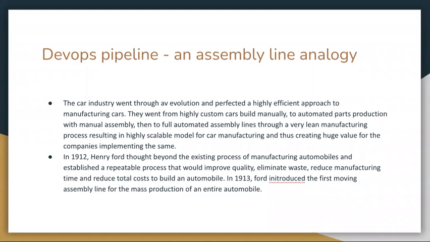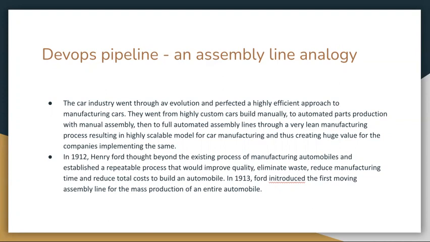We are going to consider an analogy with the assembly lines of the car, because the car industry has been revolutionized and has evolved and perfected a highly efficient approach for manufacturing cars. They went from a custom car build, which was initially built manually and was a very slow process because a lot of components had to be arranged, to automated part production with manual assembly. This is very similar to continuous delivery, where you have automated different steps, but the overall combination still remains manual.